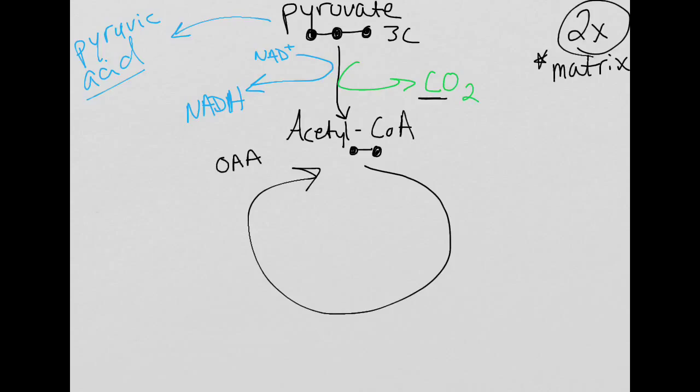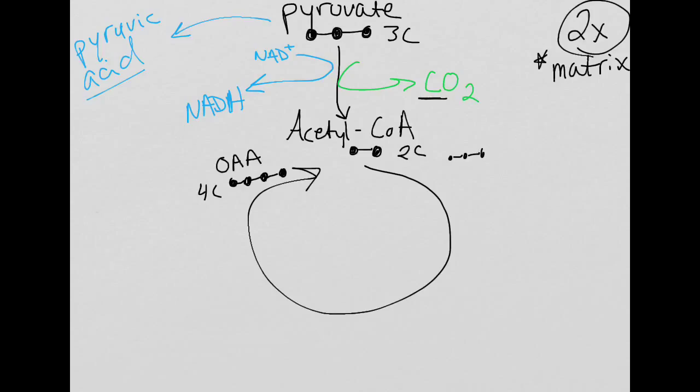You do not need to know the name of that, but just recognize that it is a 4-carbon molecule. Okay, so when oxaloacetate, a 4-carbon molecule, combines with a 2-carbon acetyl-CoA, we would get a total of 6 carbons.